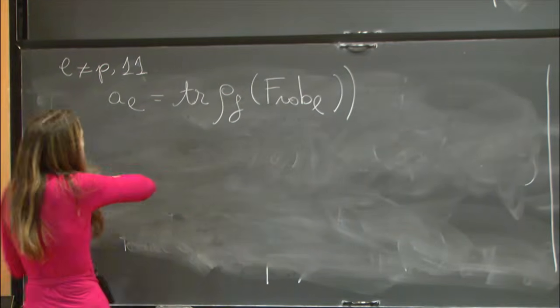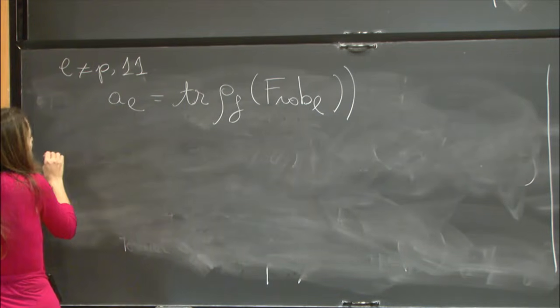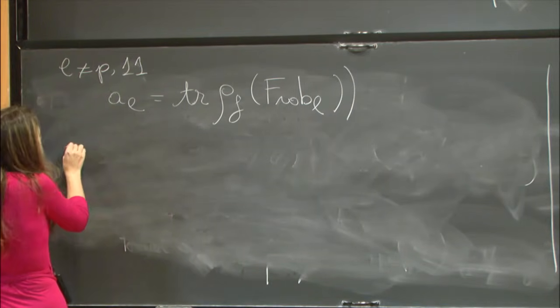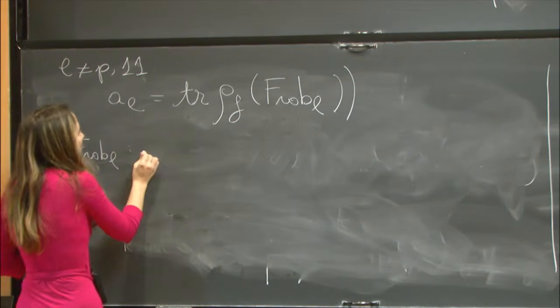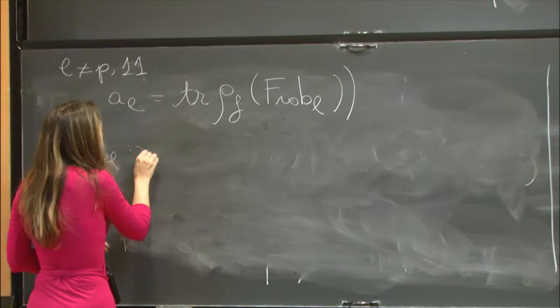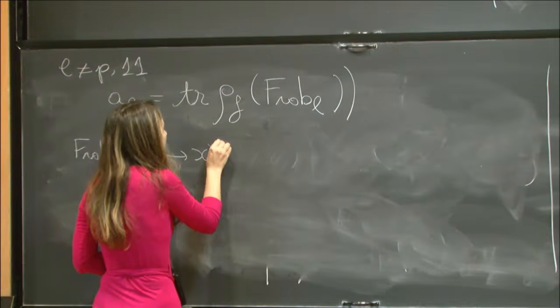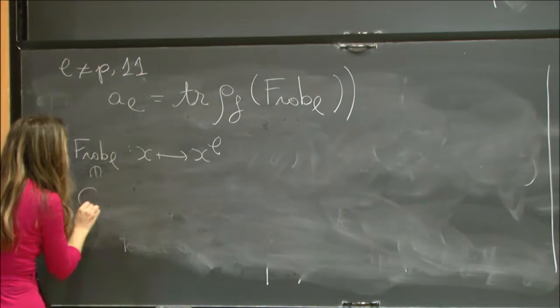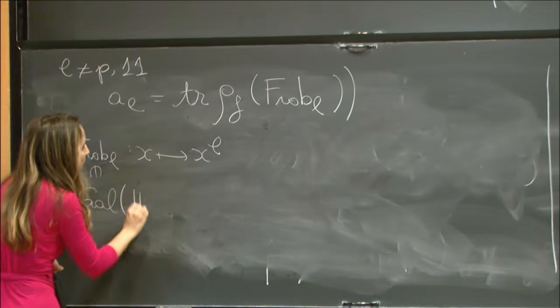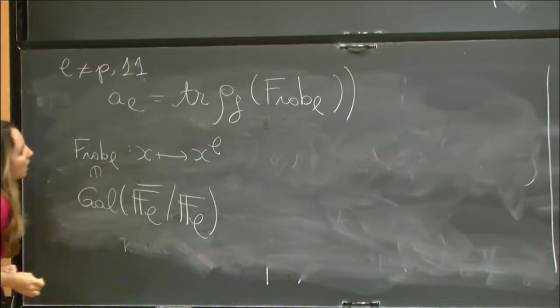So if you take L to be different from P or from 11, then you can really probe the absolute Galois group of Q from the point of view of this representation by the Frobenius at L. These are really elements in the absolute Galois group of the finite field with L elements.